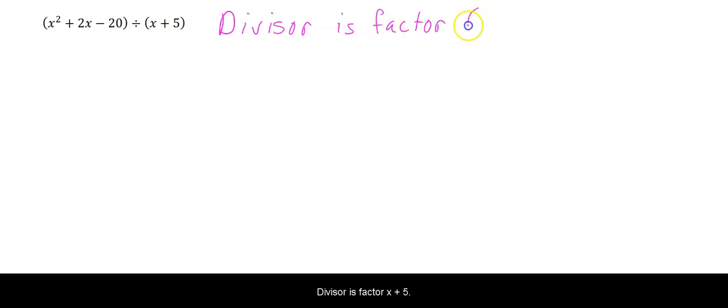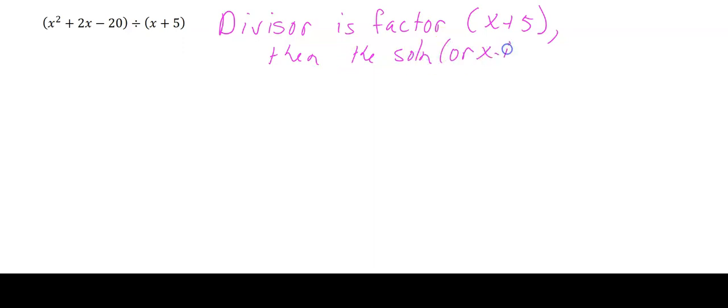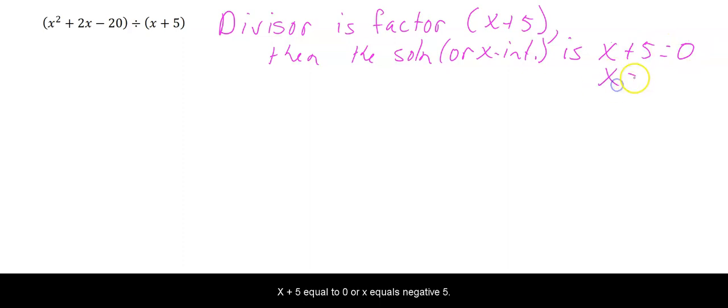The divisor is the factor x plus 5, so the solution, or x-intercept, would be x plus 5 equal to 0, or x equals negative 5.